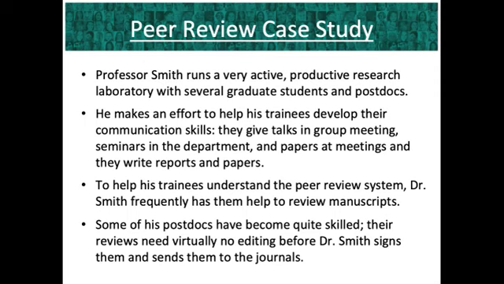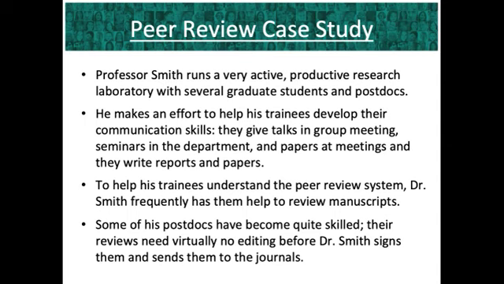Now, like me, he also wants to teach his students the peer review system, and so anytime he gets a manuscript for peer review from an editor, he actually asks one of his graduate students or postdocs to review it as well, so that he can teach them the peer review system, and also perhaps they might pick up on something on the paper that he didn't catch.